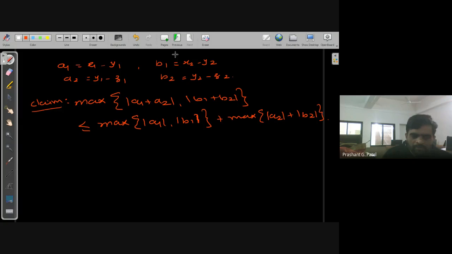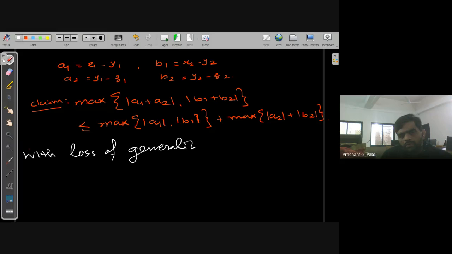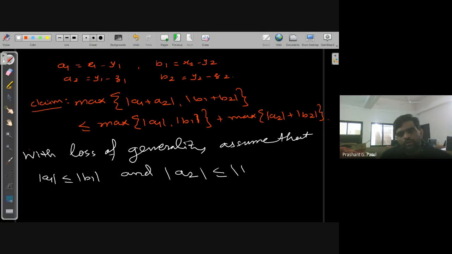Since they are real numbers, without loss of generality, we may assume that |a1| is less than or equal to |b1| and |a2| is less than or equal to |b2|.